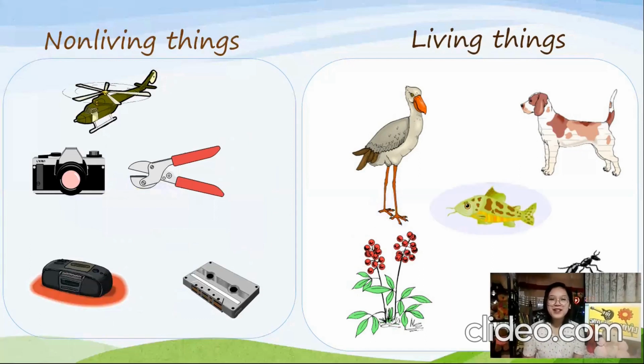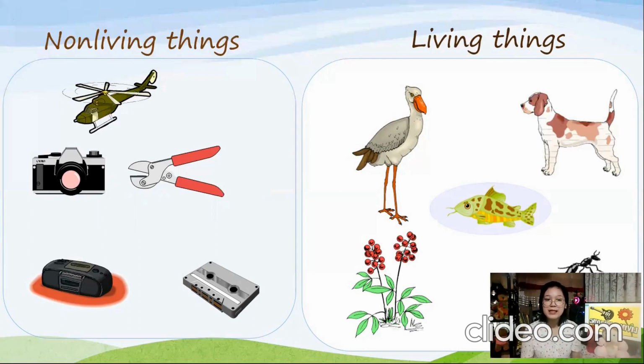Very good. So all of those animals, those plants, breathe air. They need food, they need water, and they need shelter. So, living things possess life, non-living things possess no life. Just like the camera. It doesn't breathe air. It doesn't need food. See?